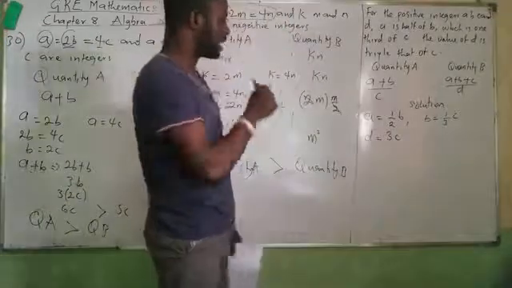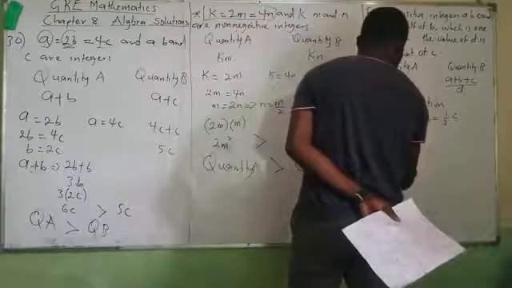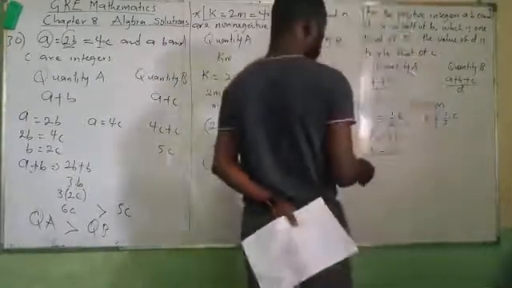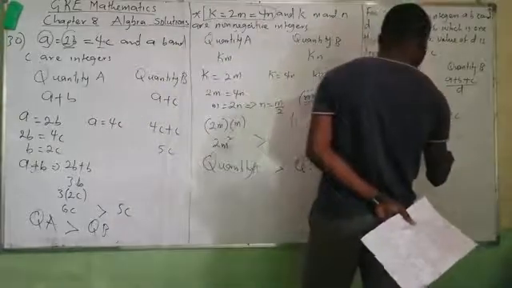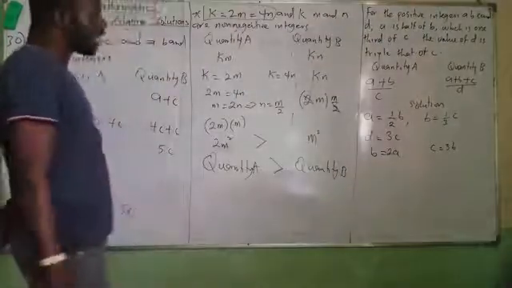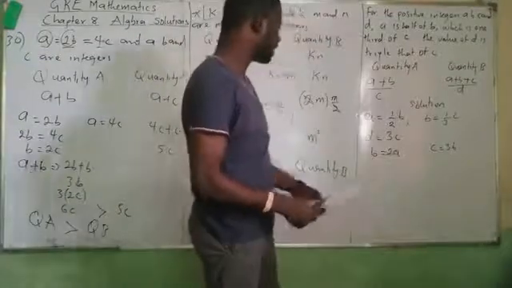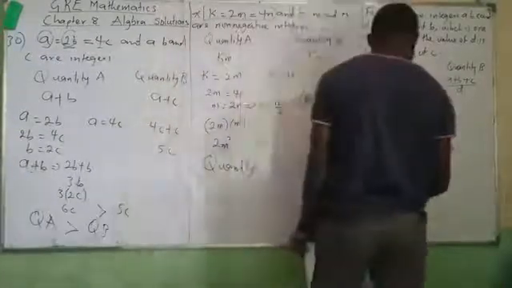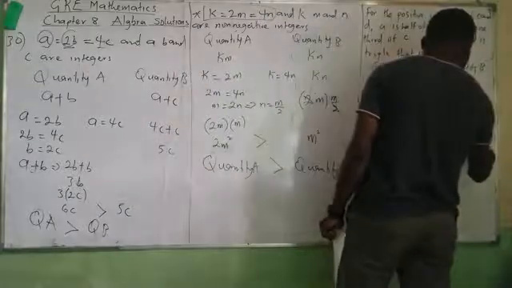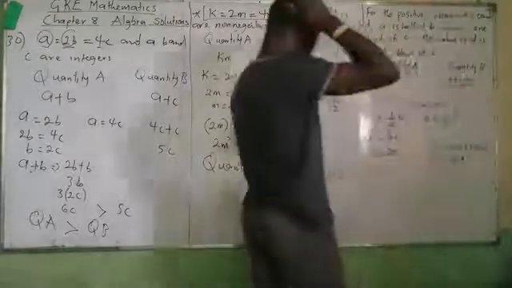Now, since I have this, I can say that my B equals 2A, and my C will equal 3 of B. Now I want to relate in form of A. My C equals 3 of 2A, which is 6A.